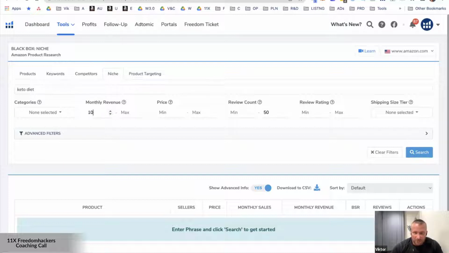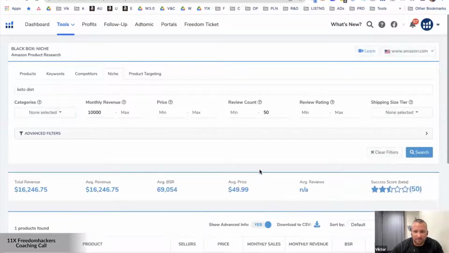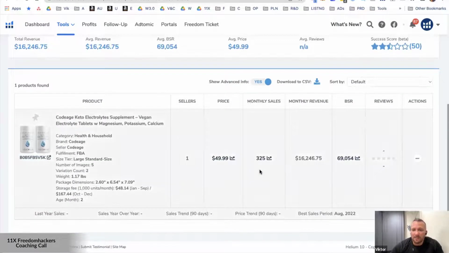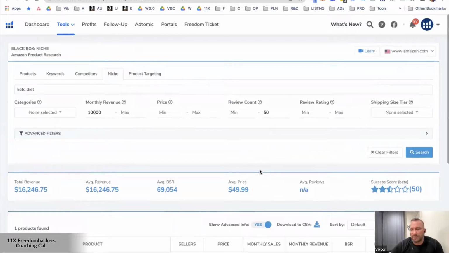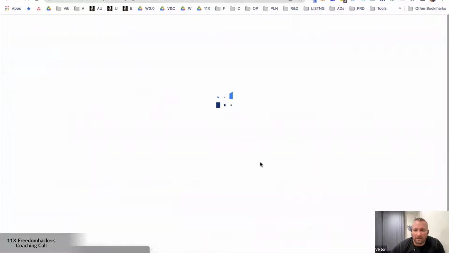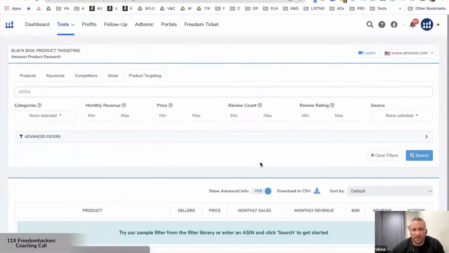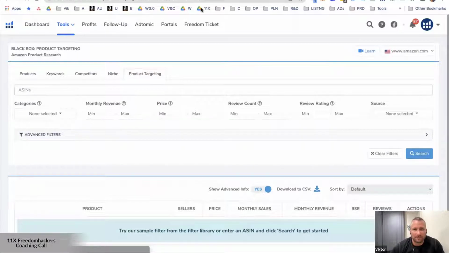Monthly revenue, let's put 10K, and then you start searching again. It's a little bit tedious. But then again, if you go through that stuff here, you definitely have no problem finding niches, right?